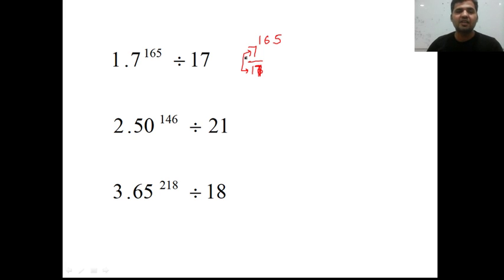Yes, 7 and 17 are co-prime. Now, what is the Euler number of 17? The Euler number of 17 is 16, right? Why is it 16? Because 17 is a prime number. For all prime numbers, Euler number is just 1 less than the prime number itself, because a prime number is co-prime to all the numbers which are less than that prime number.